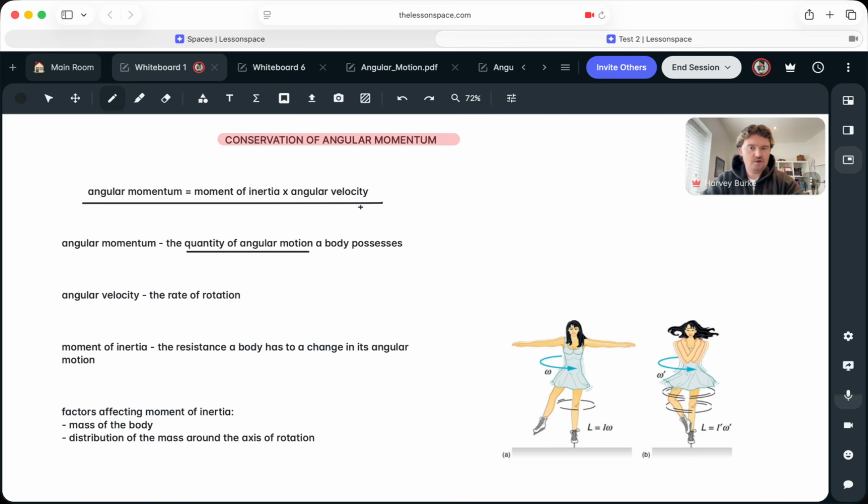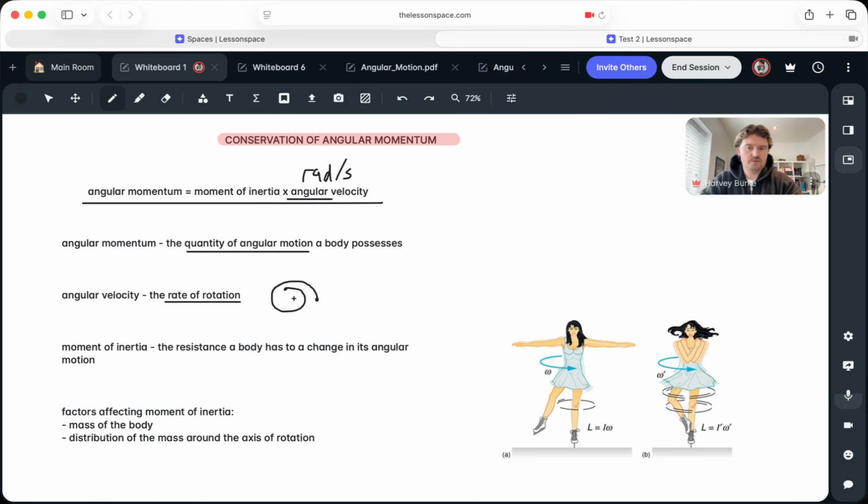Now, if something's travelling at a fast velocity, it just means it's travelling quick. And then if you just put angular in front of that, it just means that it's spinning quick. So angular velocity is the rate of rotation. It's just how quickly is something spinning. And we measure that rate of spin in radians per second. So angular velocity is measured in radians per second.